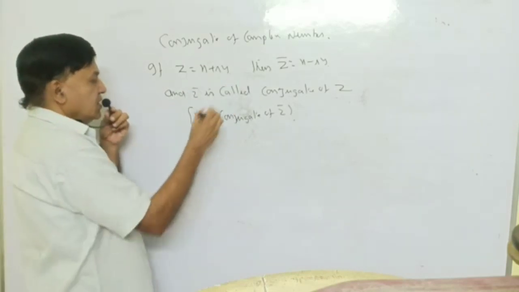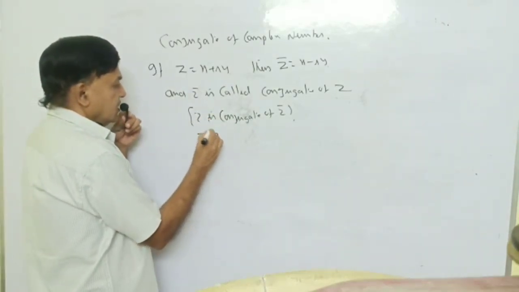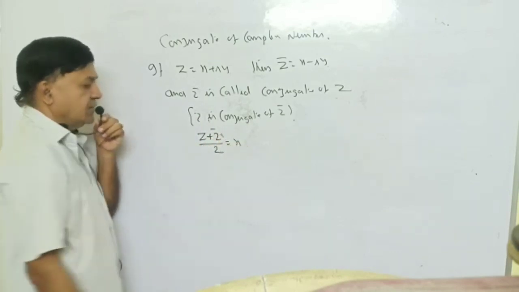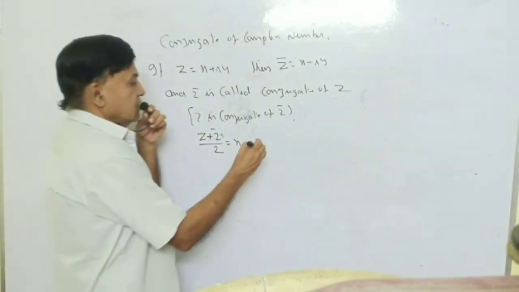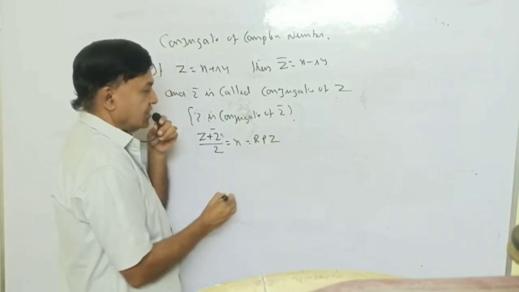Now, (z plus z bar) by 2 is equal to x, correct? Add both of them. This is the real part of z.